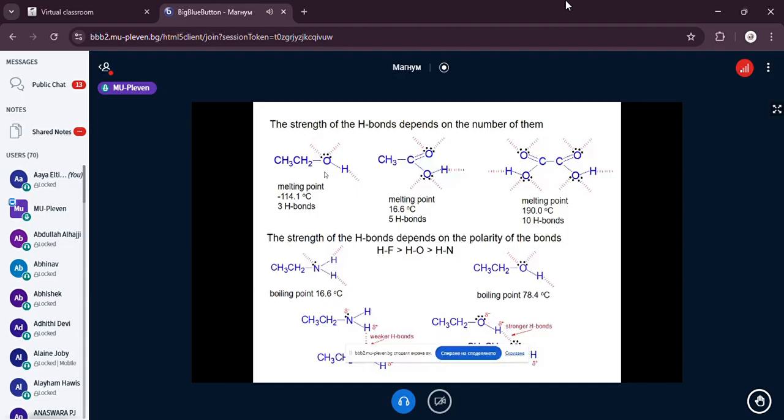Three hydrogen bonds. The positions for making such hydrogen bonds are shown. This compound, now you can see which compound I'm asking for.